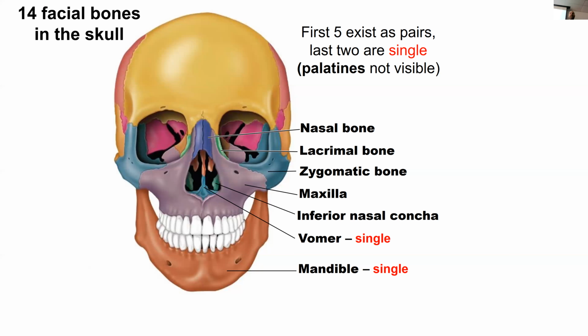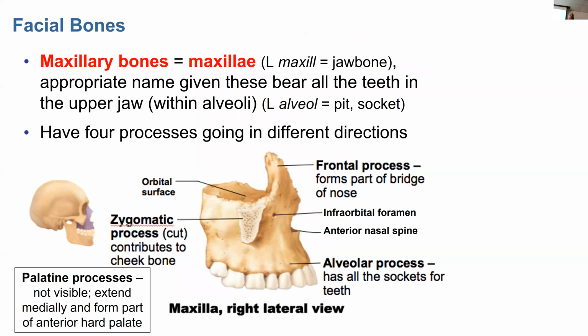First, I want to talk about the maxillae, or the maxillary bones. These are basically the top bones that form your mouth. You can see where it is in structure right here. They bear your upper jaw, and they have some different processes that we'll talk about moving in different directions.